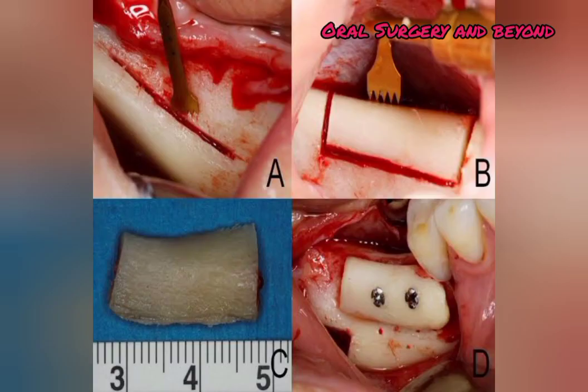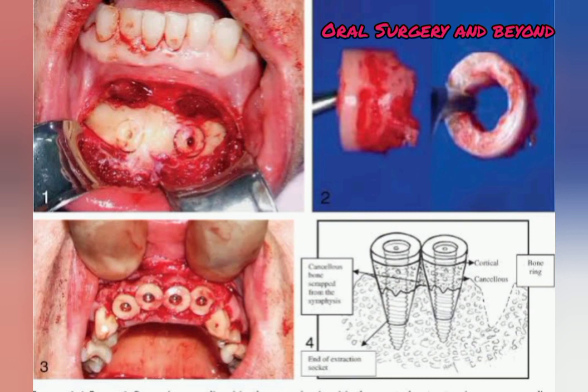Here, the bone graft is harvested from the posterior mandible and anterior border of the ramus. A cortical bone piece of almost 2 centimeters is taken out and placed at the new molar site where we are planning for the implants. The autologous bone graft is secured with two small 1.5 mm by 8 mm screws. It is considered the gold standard of bone grafts.